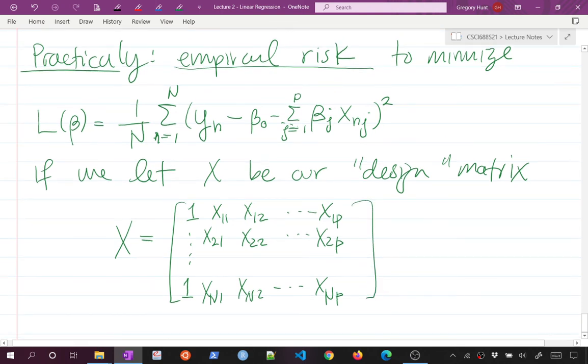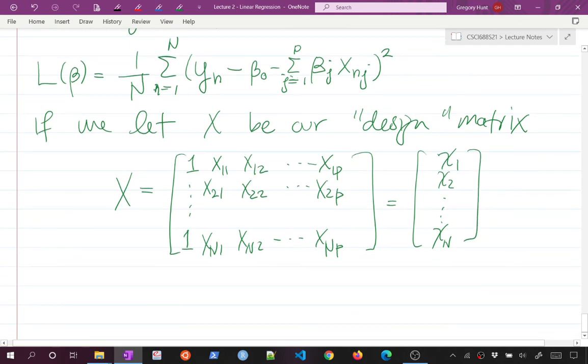So we're just going to concatenate together our observations, which we call x 1, x 2, through x n. And so capital X is our design matrix.